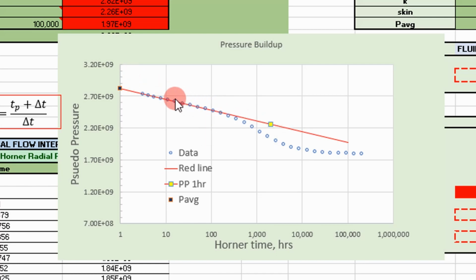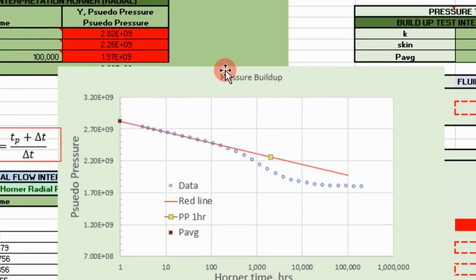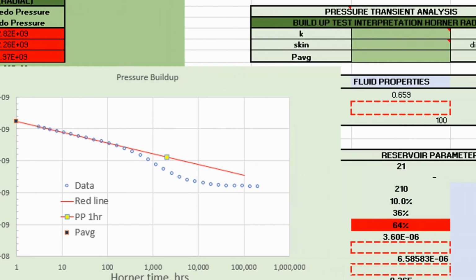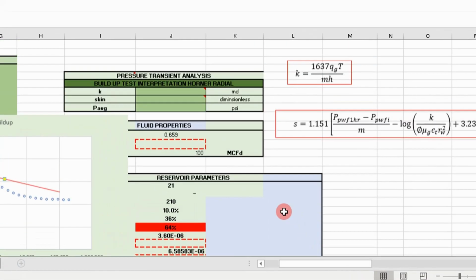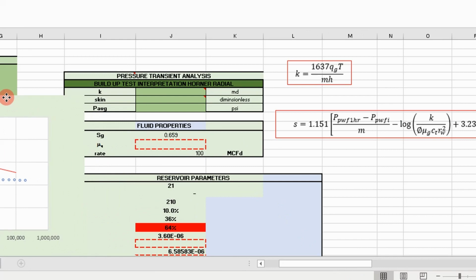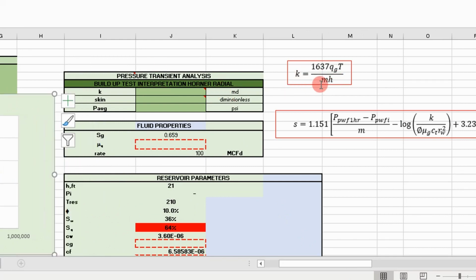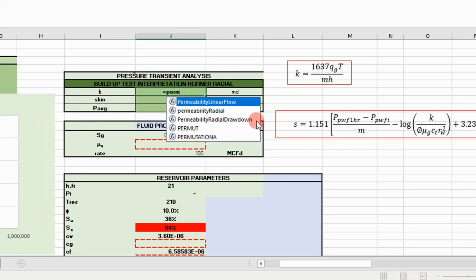The next thing I want to do is go ahead and look at getting reservoir characterization parameters. And so right here I can get permeability from this equation. And so we're using the same equation we did with the drawdown. So I'm going to do permeability radial drawdown.